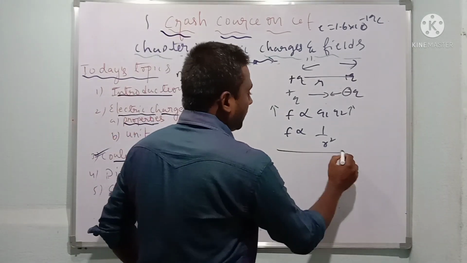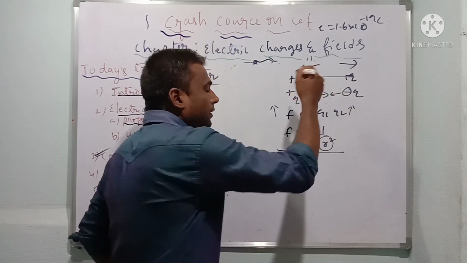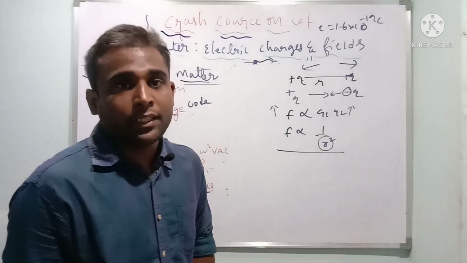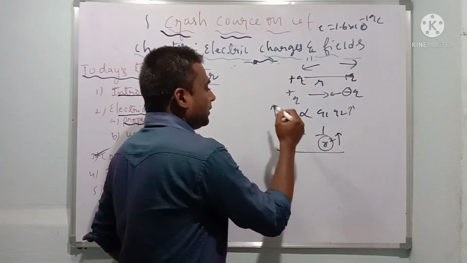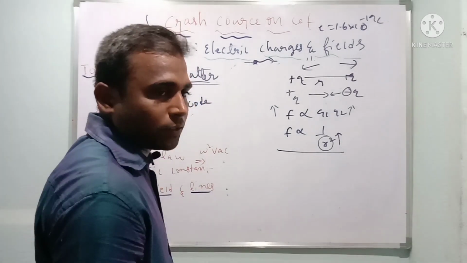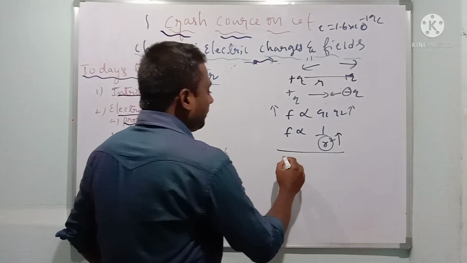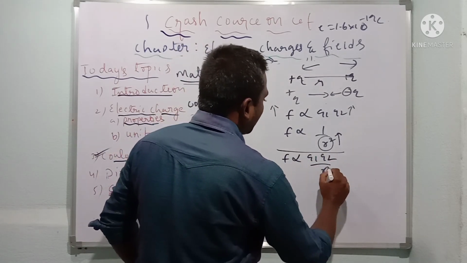And if distance decreases, the electrostatic force between the charged particles will increase. If distance increases, the electrostatic force between the charged particles will decrease. That's it, vice versa. If I combine, I am going to get Q1 Q2 divided by R square.